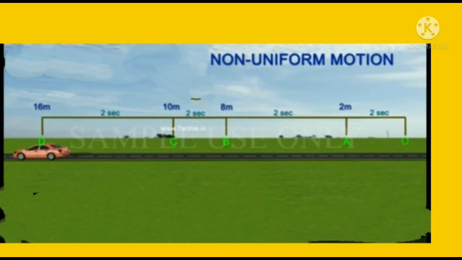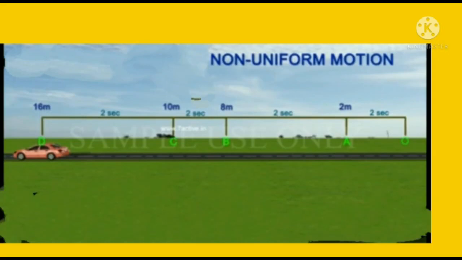In the fourth 2 seconds, from 10 meters to 16 meters. So, the car travels various distances in equal time intervals. This type of motion is called non-uniform motion.